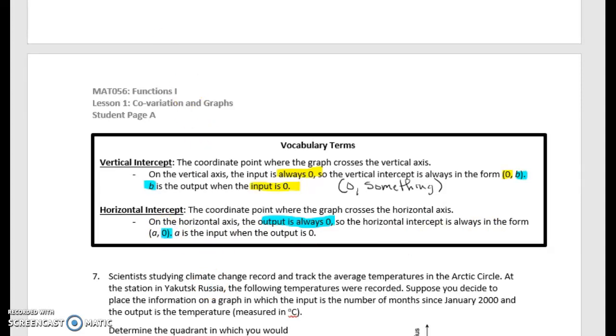The output value is 0, where the input value is, and we'll call it A this time. And so A is the input, where B, or the output, is 0. And so sometimes I will also write just something, some input value, comma, 0. And so that's another way to write that ordered pair that you're looking at.